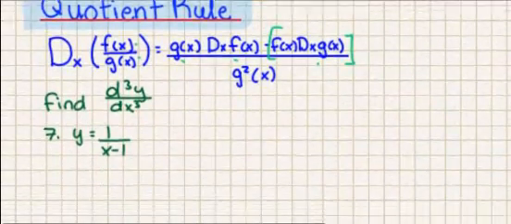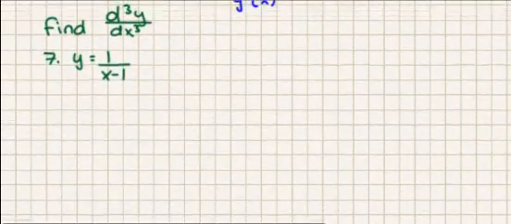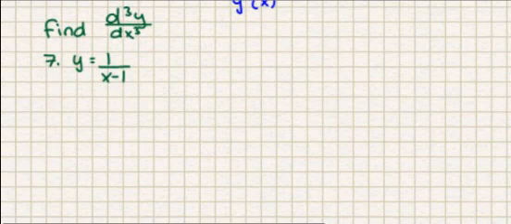So our question is, find the third derivative of y equals 1 over x minus 1. So we're going to rewrite it for the first derivative.